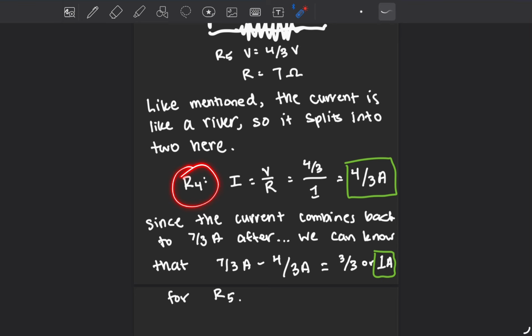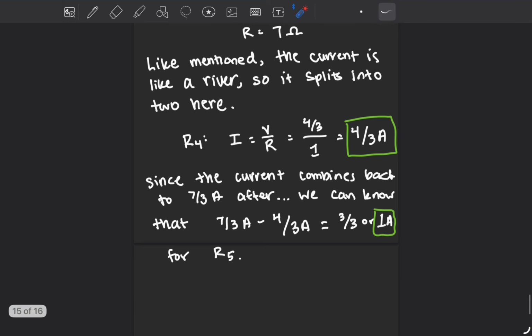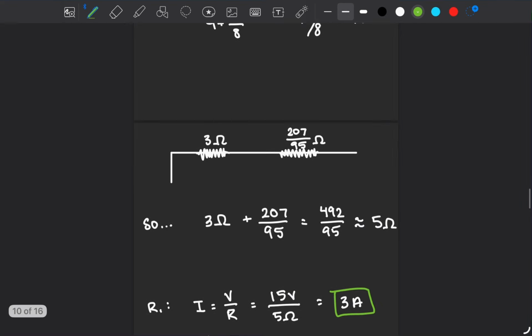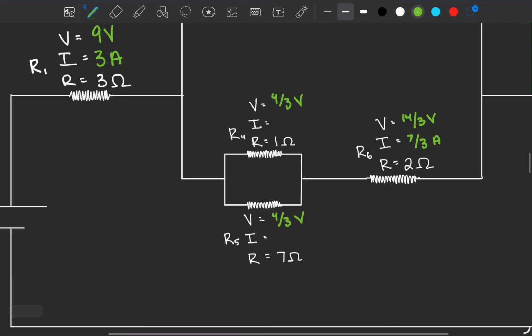And so for this top one, where the resistance is 1 ohm, it's volts over resistance. So 4/3 over 1 ohm equals 4/3 amps. And then for the other one, you could deduce that since it needs to equal 7/3, the other one is 1 amp, which gives us that. Essentially solving the entire problem, where the top here is 4/3 amp, and the bottom portion is 1 amp.